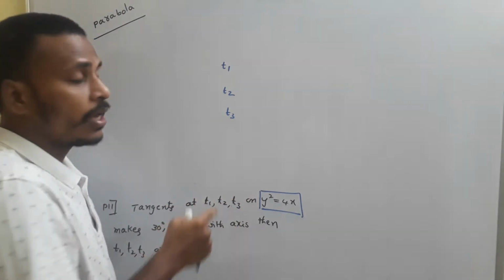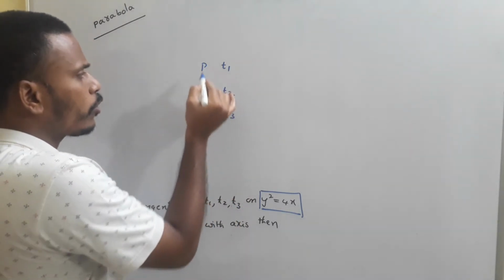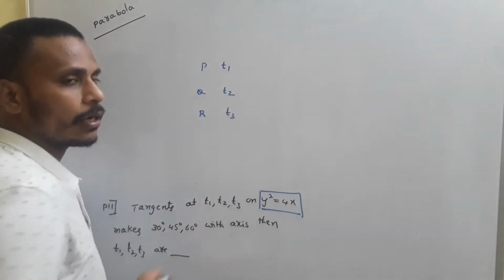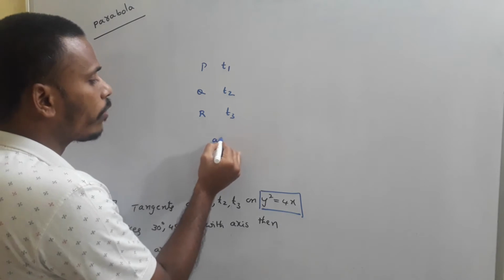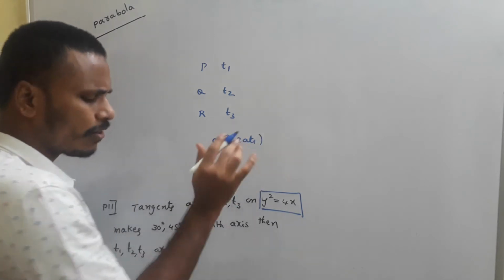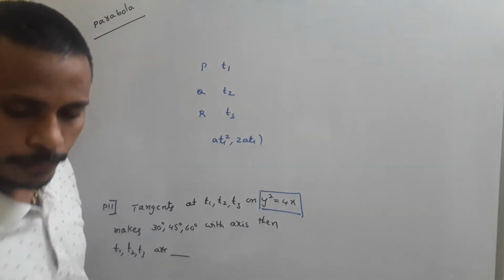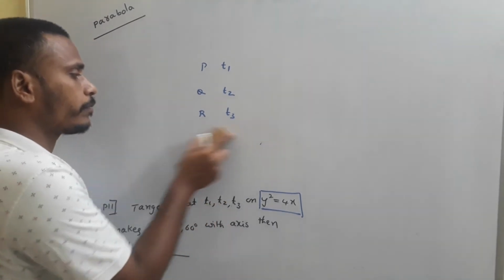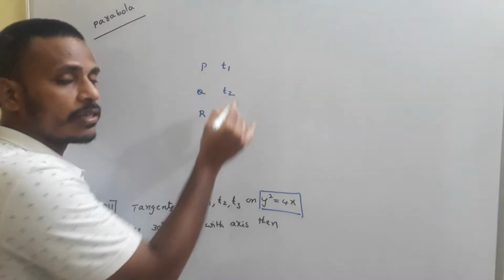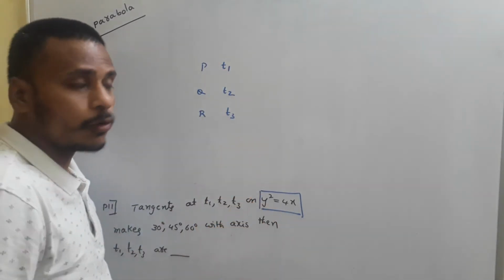T1 is corresponding to a point P, this is a point Q, and this is a point R. Every point is of the format AT1 square comma 2AT1 form, but we don't know all these things now.